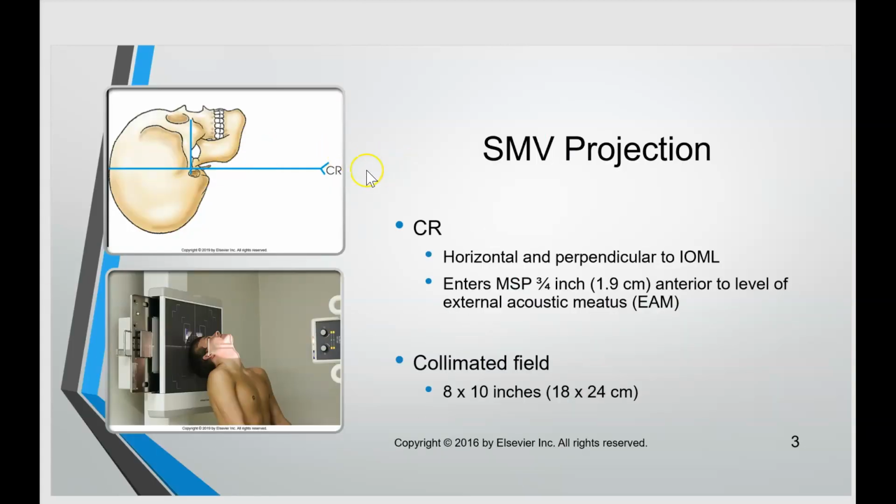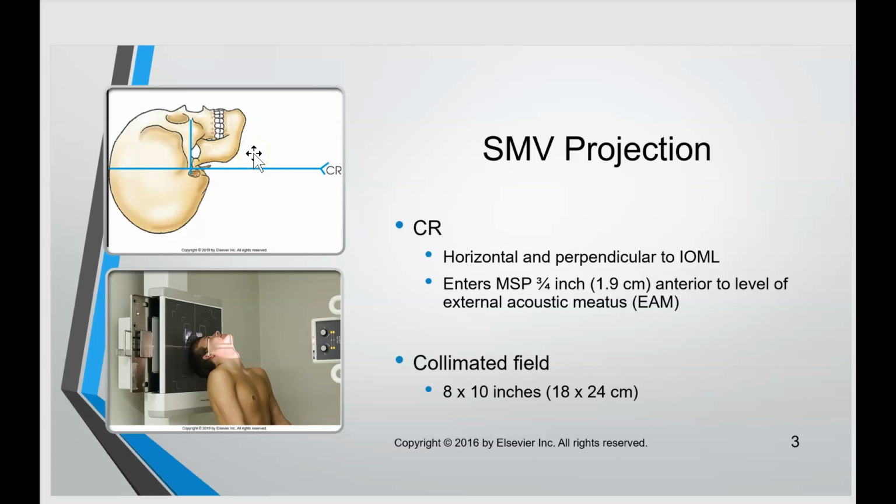Okay, this is another illustration of that. Okay, IOML is parallel. Your central ray enters in the middle of both of these angles. This is kind of low, but it is just an illustration. Okay, it should be entering the MSP 3/4 of an inch anterior to your EAM, and that should coincide with the angles of your mandible.